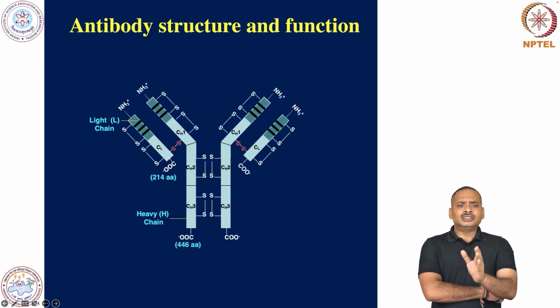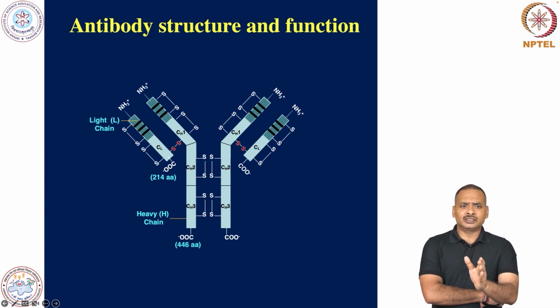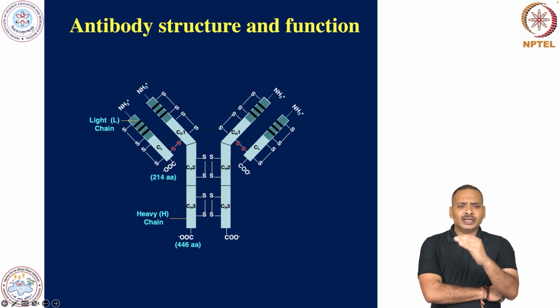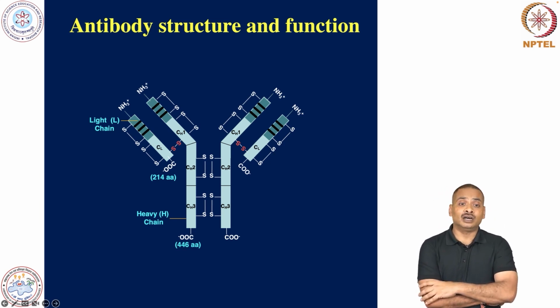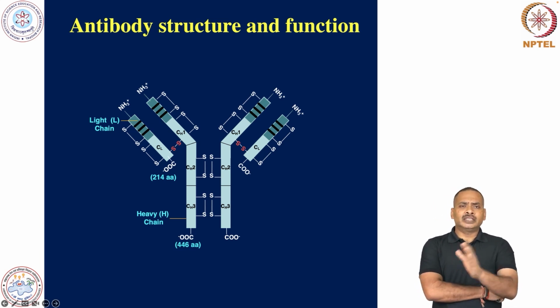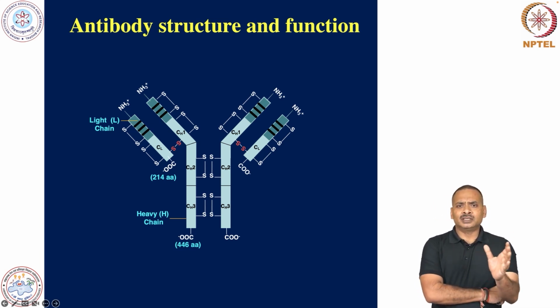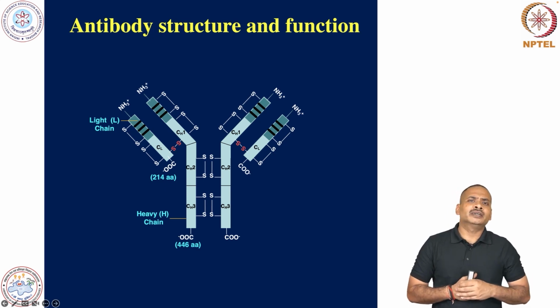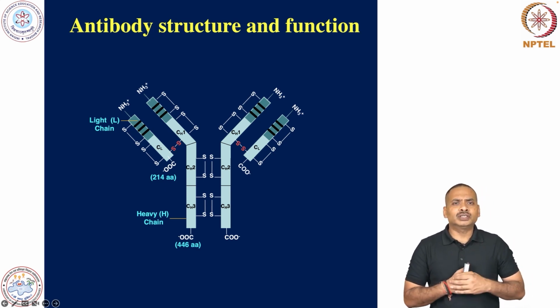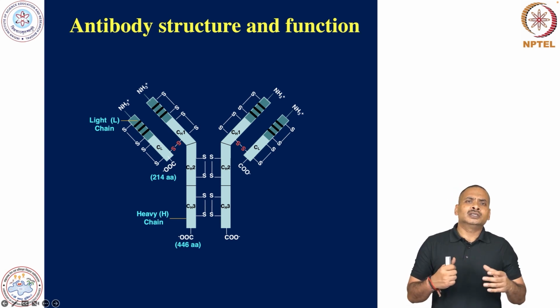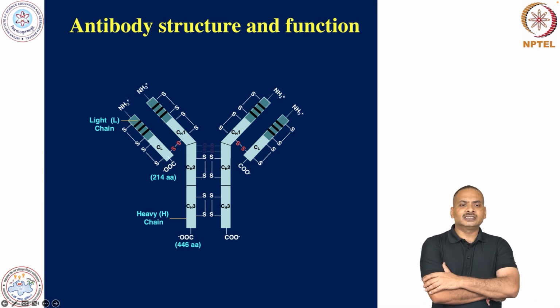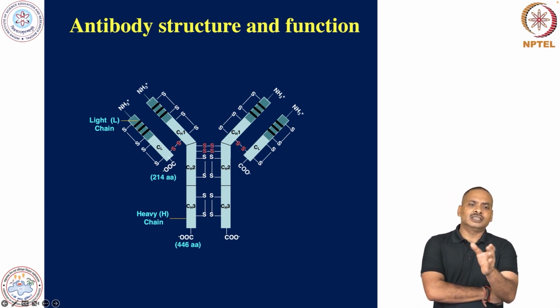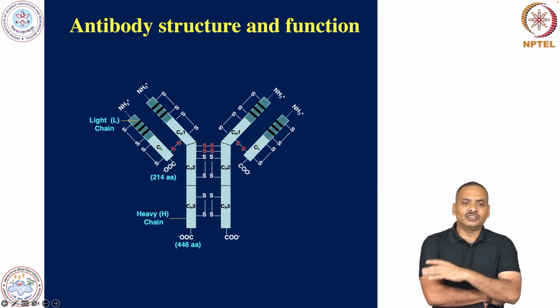If you look carefully at the heavy chain, there is a CH2 region, and this CH2 region basically binds with C1Q. The light chain and heavy chain are joined together by various interactions, and one of the important interactions is disulfide linkages. Here you can see that these two chains are linked by two disulfide linkages.